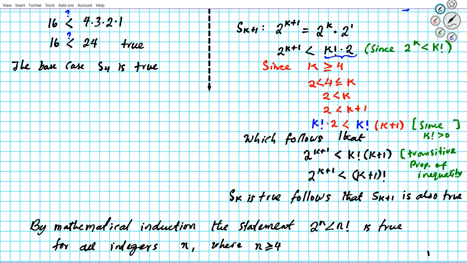Alrighty, and then put your nice little box of accomplishments to indicate that you've concluded the proof.